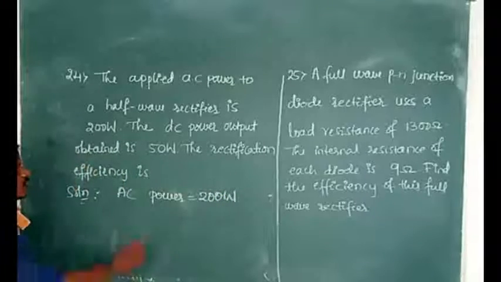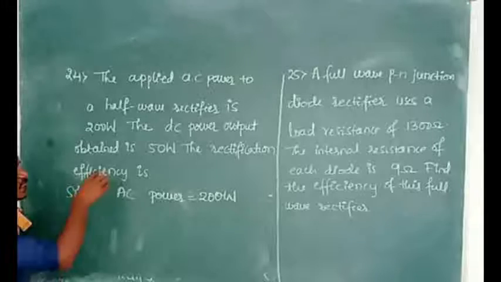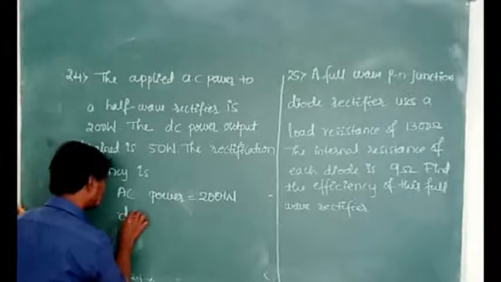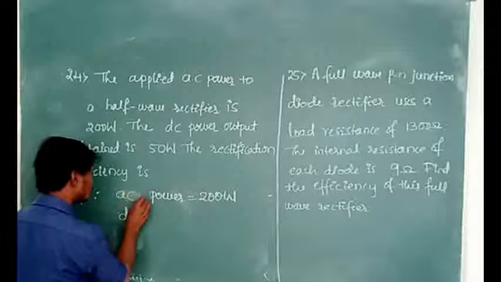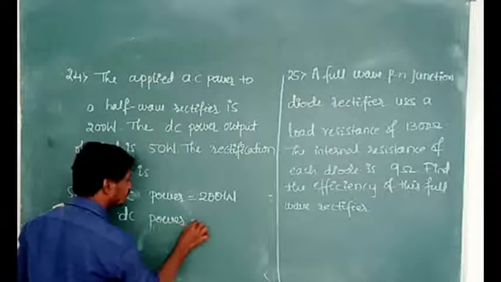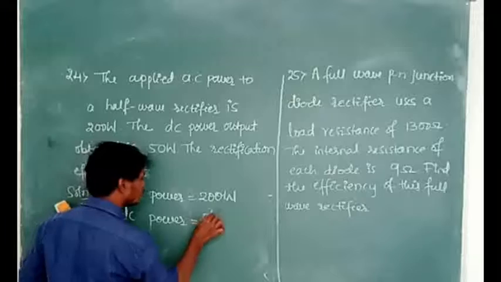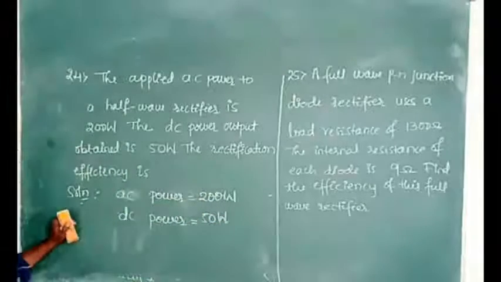Then the DC power output obtained is 50 watt. The AC power is the input and the DC power is the output, because AC is converted to DC. Then what is our question? We have to find the rectification efficiency.